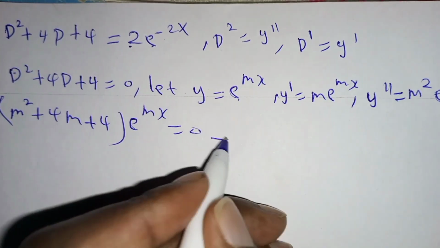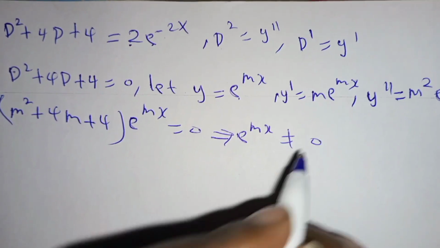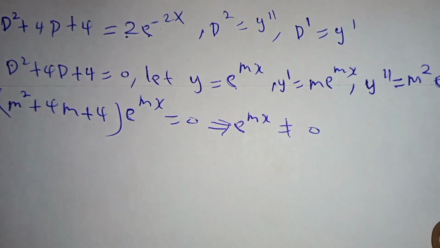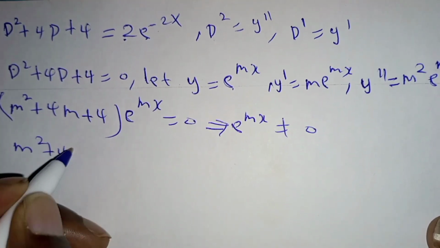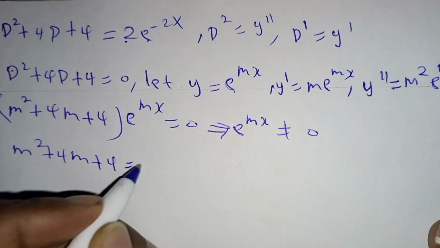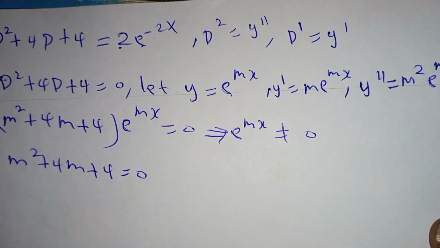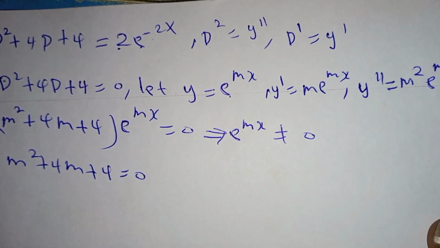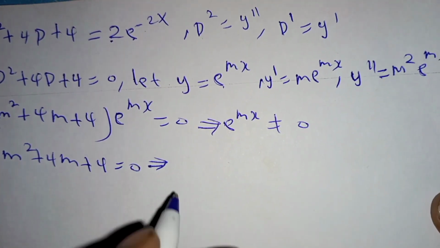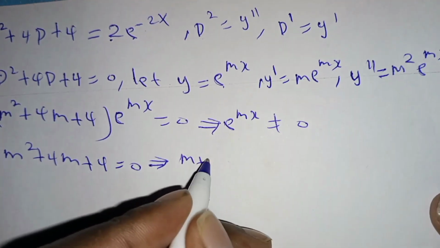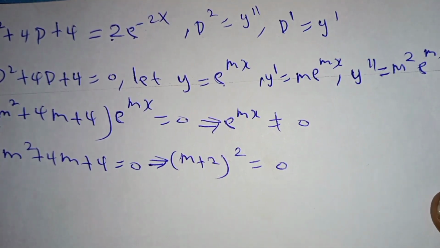Now note that exponential mx can never be equal to 0, meaning that m squared plus 4m plus 4 is equal to 0. This is a quadratic equation which can be factorized as m plus 2, squared, which is equal to 0.